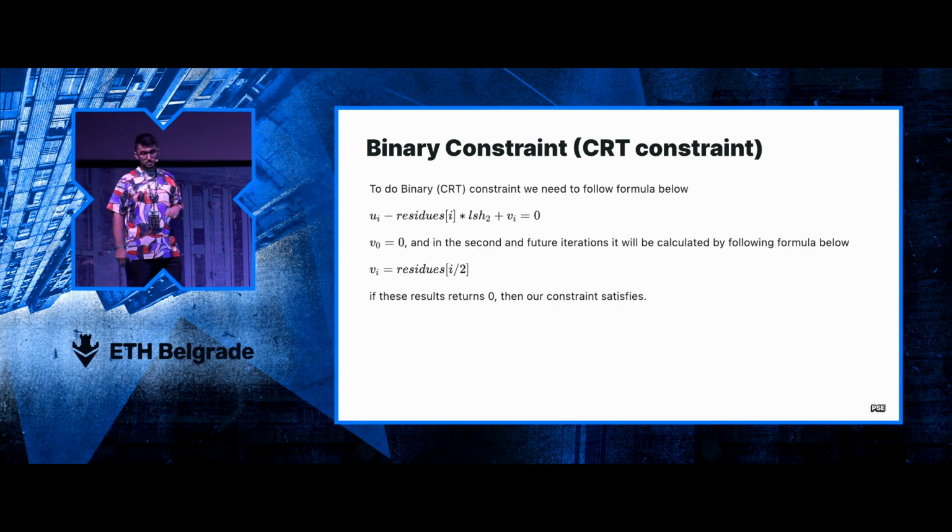So we build residues from the intermediate values, and we are doing the opposite, reverting it and checking whether it will satisfy 0 or not. So this is basically the reverse calculation of residues, and if these results return 0, then our constraint is satisfied.